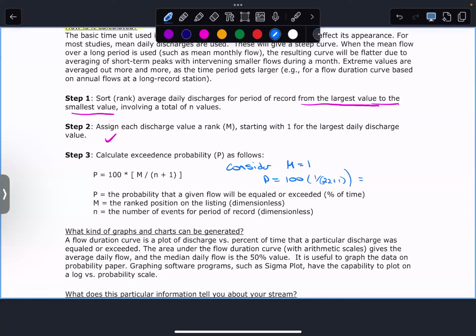That probability is 1 divided by 23 times 100, I guess. Usually we don't do 100 for the probability. That would be the percentage, but that's okay. Probabilities are between 0 and 1. 4.3478%, right, is the probability that the flow is going to equal or exceed that amount. Very small. In fact, it's the smallest.